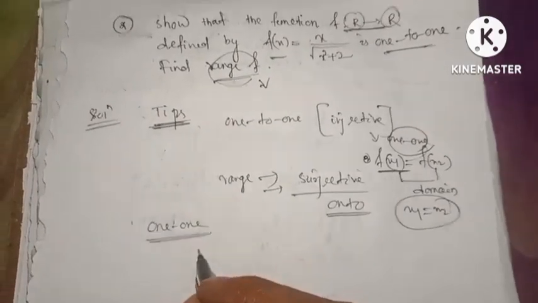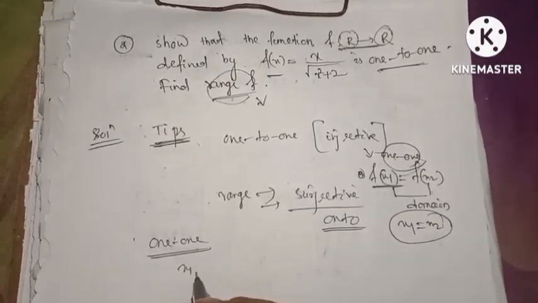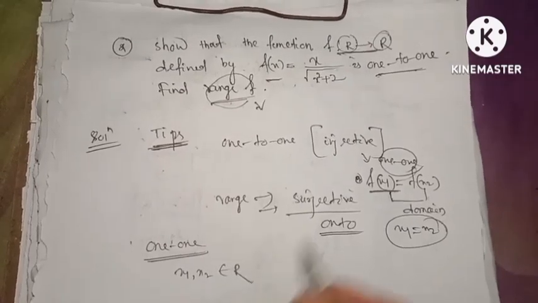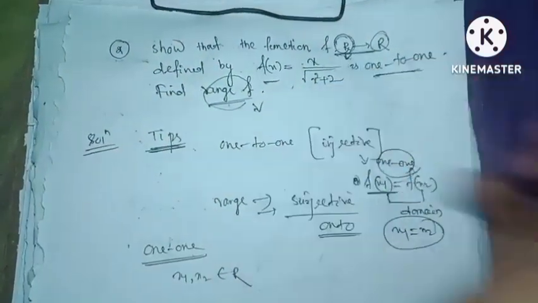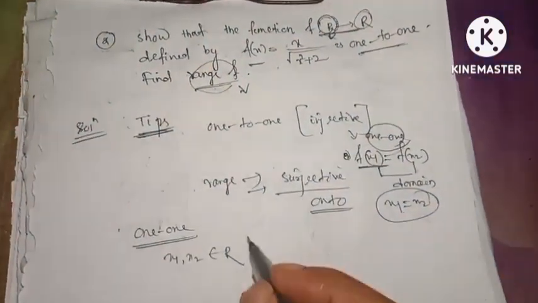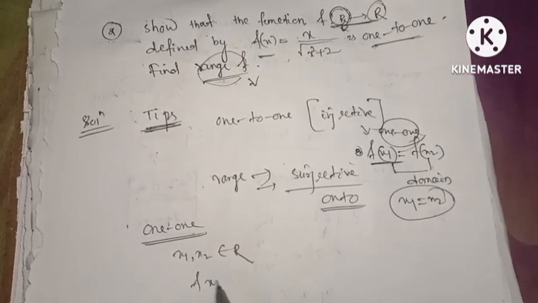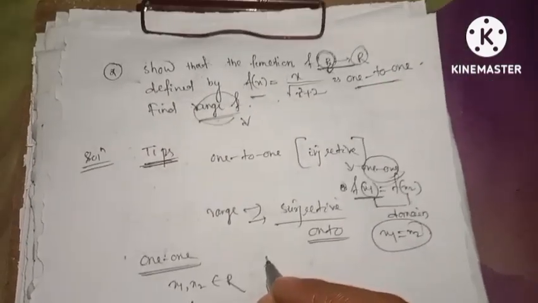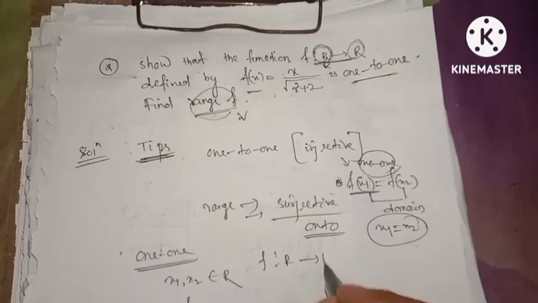Suppose I write two elements x1 and x2 belonging to R, that is, in this domain, where f is from real numbers to real numbers.